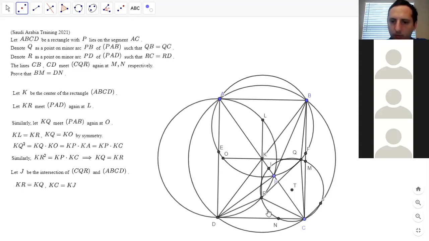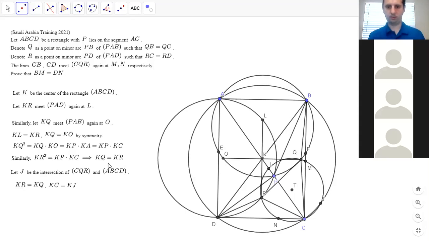So KT is perpendicular to QR, and it is perpendicular to CJ as well. Because K is the center of the circle and T is the center of the circle as well, and the two circles intersect at C and J. So by symmetry, KTC is congruent to KTJ, so KT will be perpendicular to CJ.